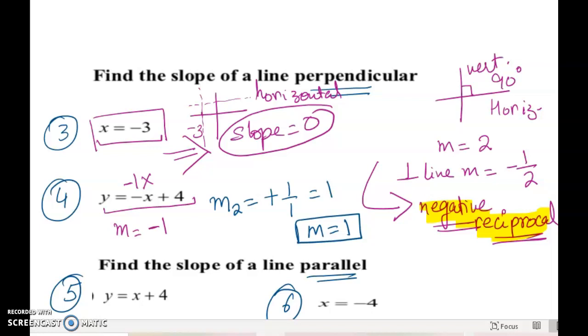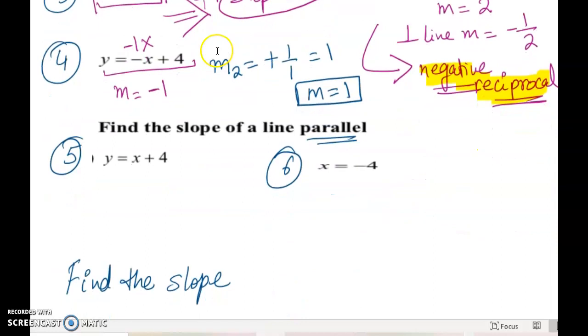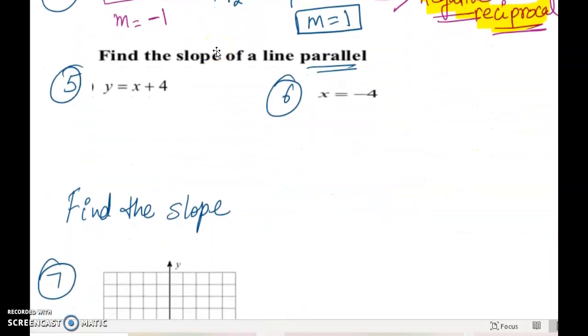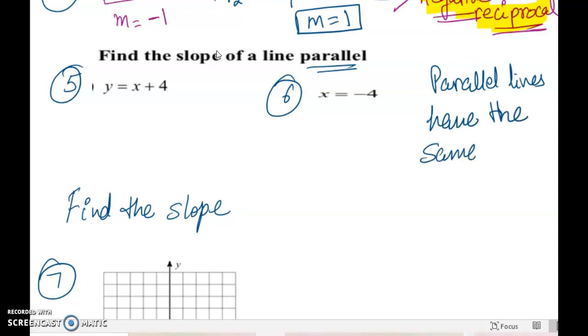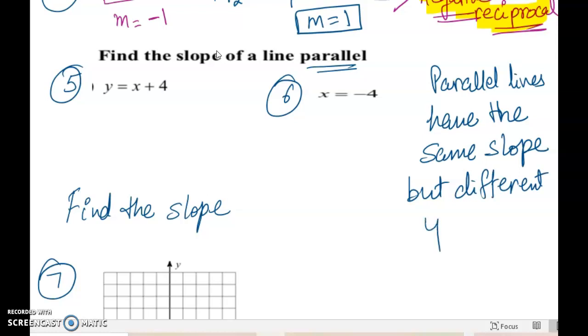Okay, now finding the slope of a parallel line. What is going on in here? Whenever we have parallel lines, they have the same slope but different y-intercepts.